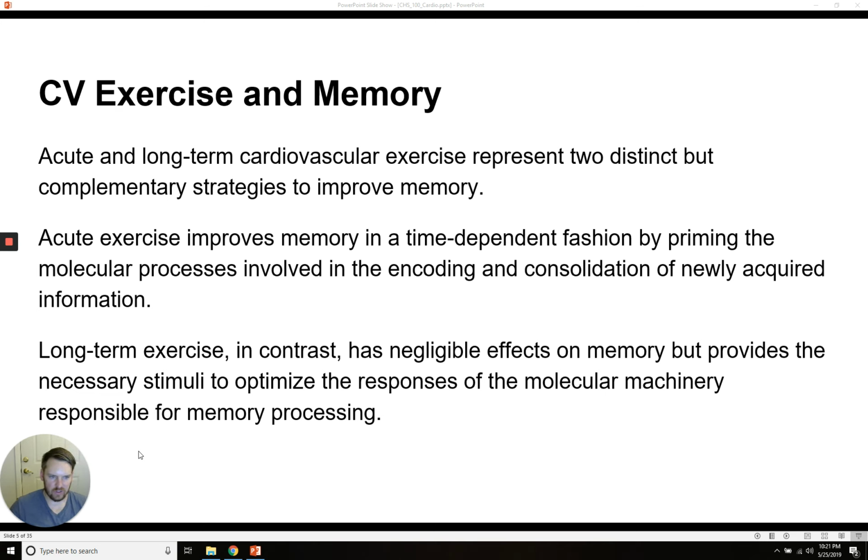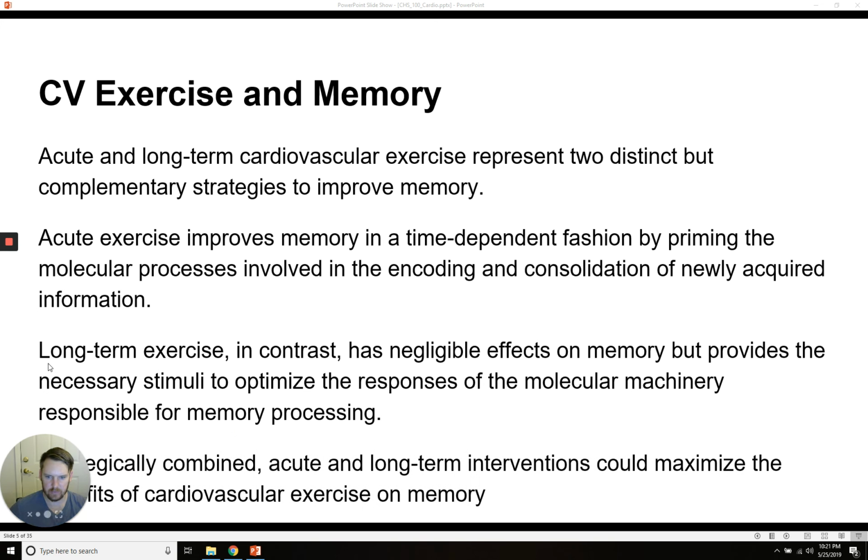So not quite as direct of an effect as acute exercise, but still positive benefits in terms of basically optimizing the machinery involved in memory processing. Now, strategically combining these two, so having a combination of both acute and long-term interventions, will likely maximize the benefits of cardiovascular training on memory.